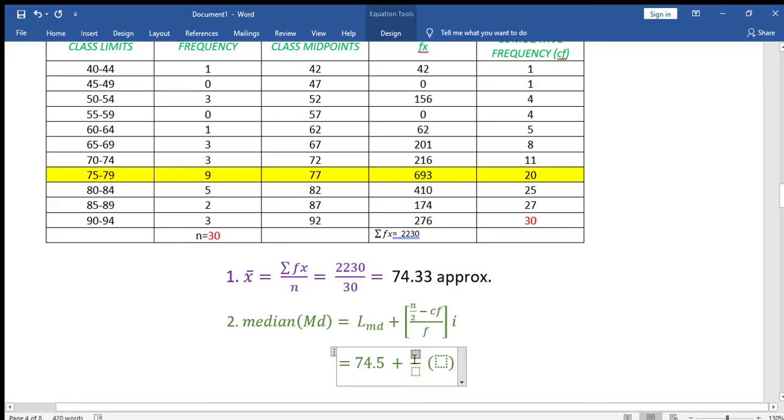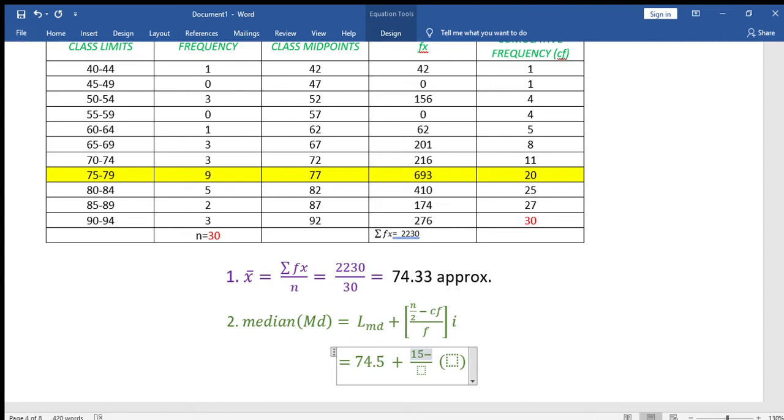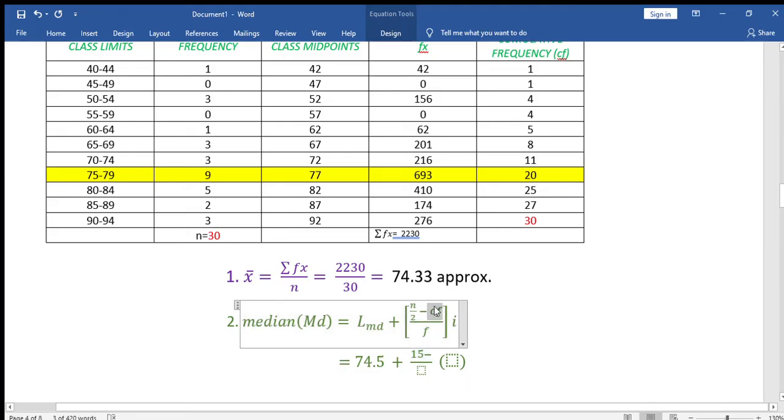Then here, we have n over 2, that's 15 minus, what's the CF? This is what I am trying to tell you. So your CF should not be greater than your n over 2. Because if you will be using 20, that is ultimately a mistake, because you will be getting negative. So your CF here, this means to say that this is the cumulative frequency below the median class. Where is below?